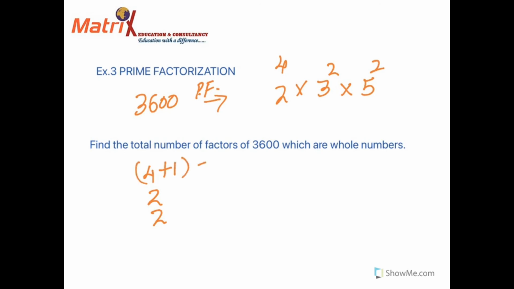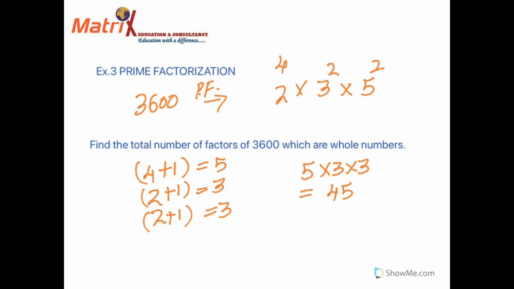Plus 1, that becomes 5. 2 plus 1, just add 1 to the exponential powers and multiply them. It is 3. So eventually what we do, 5 times 3 times 3, and that gives me 45. My answer is 45. Whole numbers are the factors.